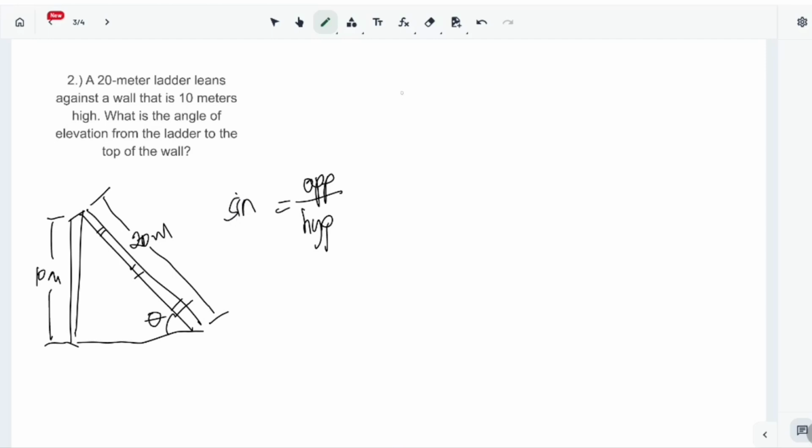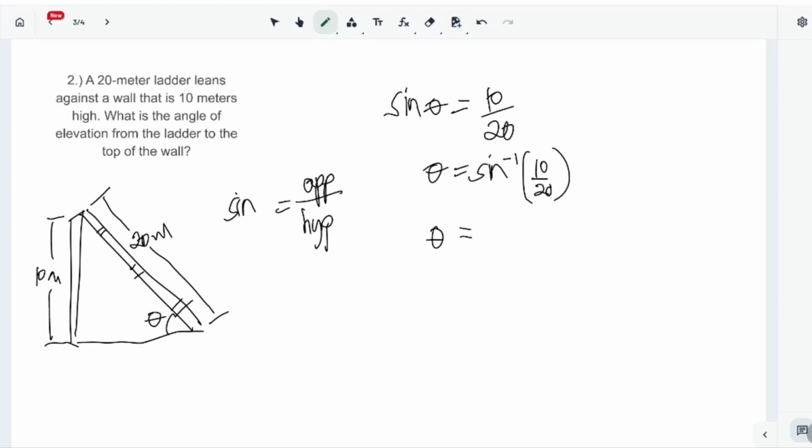So let's use sine theta equal to 10 over 20. And since we are looking for the angle, this will be the arc sine of 10 over 20. So use your calculator again. Theta, shift sine, open parentheses, 10 divided by 20, close parentheses. And that will give us an answer of exactly 30 degrees.